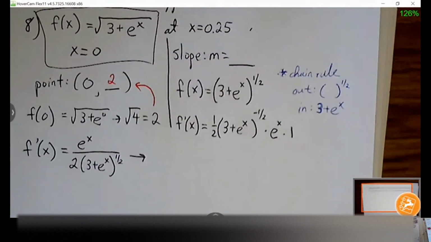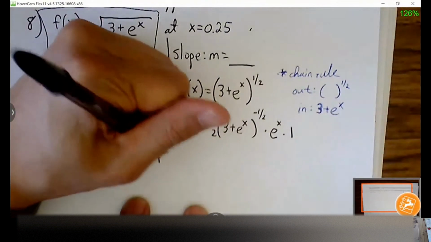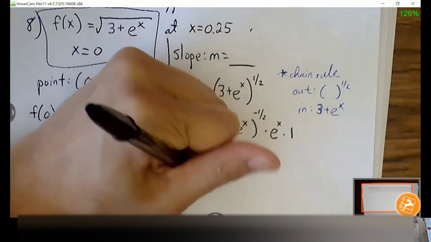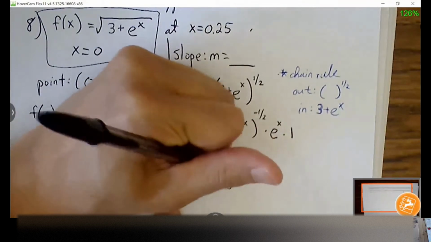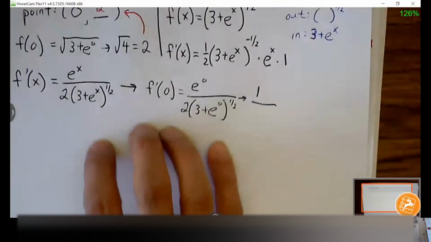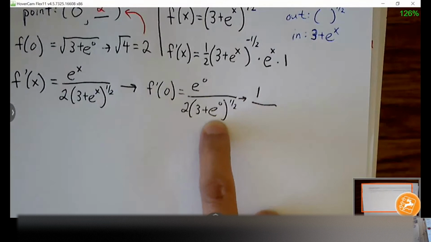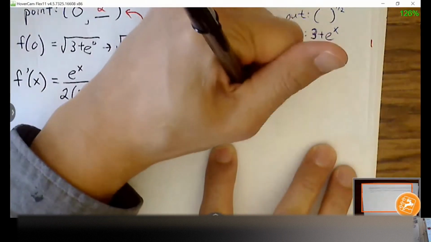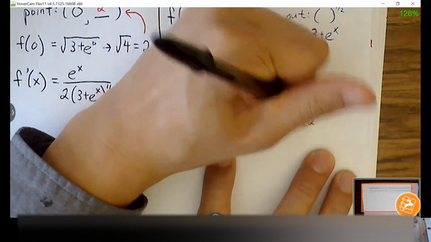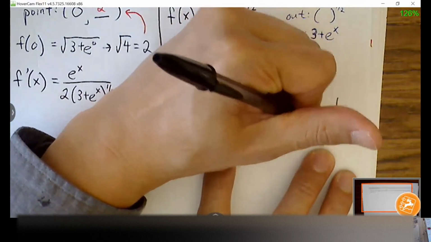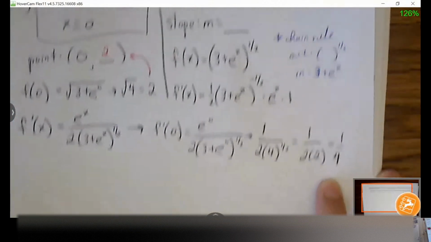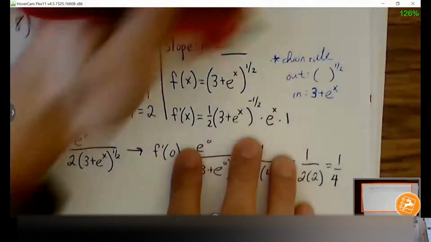Okay, replace x with 0. e to the 0 is 1. 3 plus e to the 0, that's 4. 4 to the 1/2 is 2. 2 times 2 is 4, so did you get 1/4 as your slope? Okay, so we have our ordered pair, we have our slope. Now we can do point slope form.